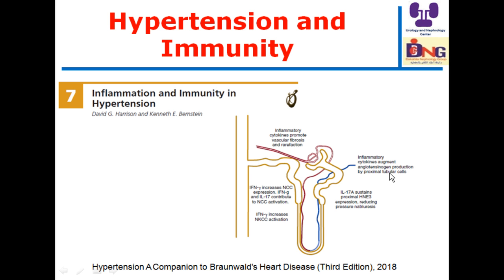Interleukin 17 sustains proximal sodium hydrogen exchanger expression, reducing pressure natriuresis. Here in the thick ascending limb of Henle, interferon gamma increases sodium potassium chloride co-transporter activation. Here, interferon gamma and interleukin 17 contribute to sodium chloride co-transporter activation. So again, there is a correlation between immunity and hypertension.